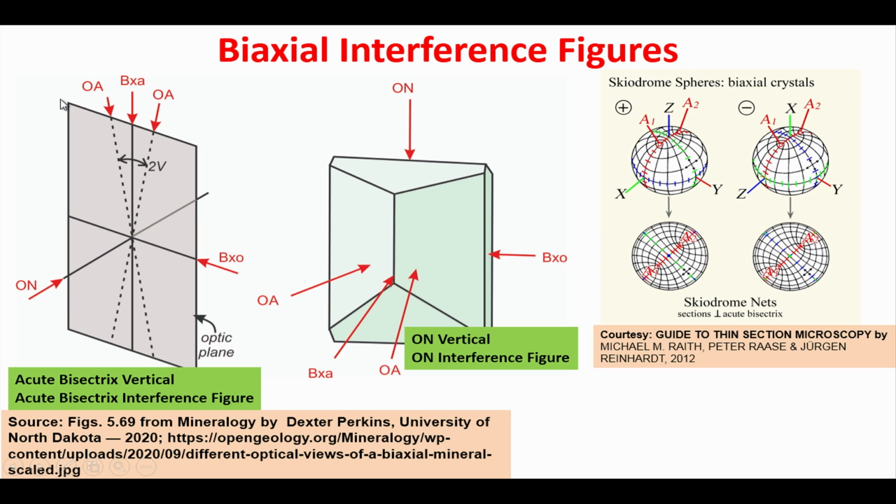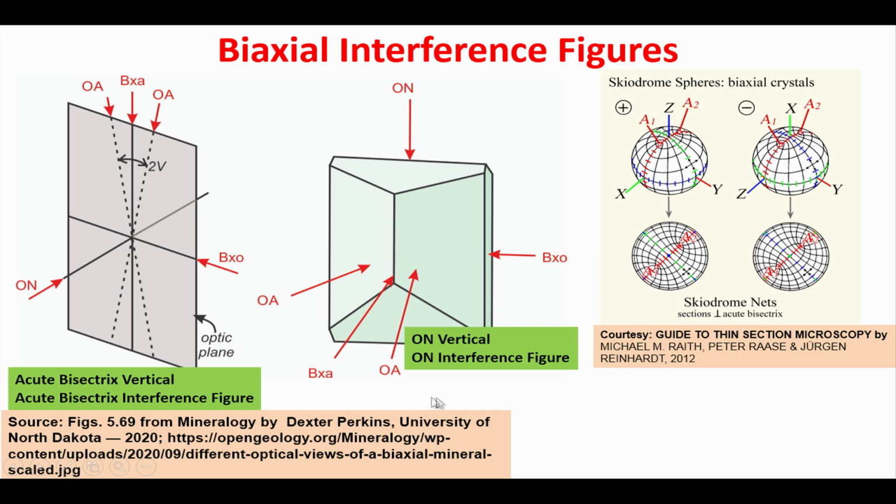In this particular case, you can have a situation where the acute bisectrix is vertical, and you can also have a situation where the optic normal is vertical. When the optic normal is vertical, we have what is called an optic normal interference figure, the one that we generally do not use, but for theoretical understanding it is possible.